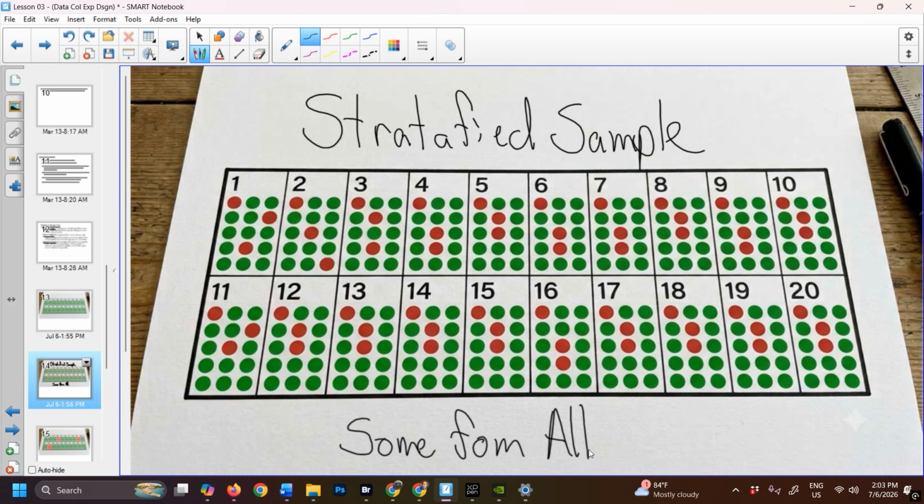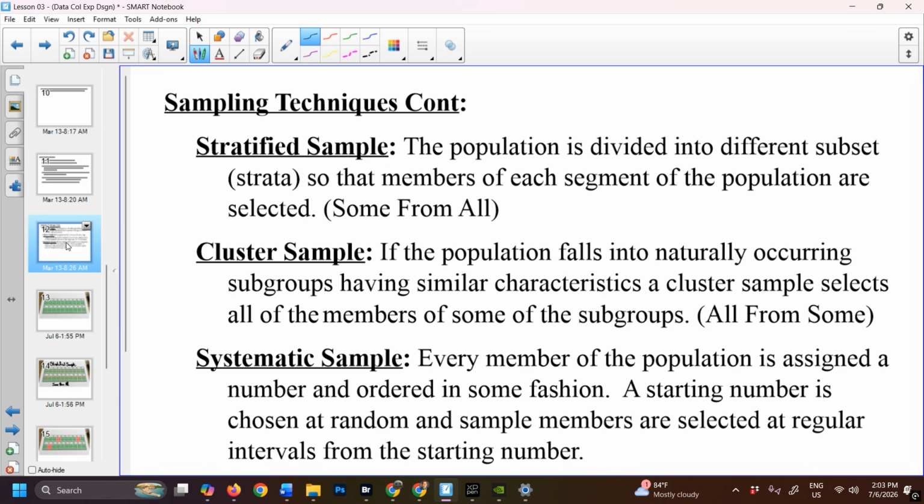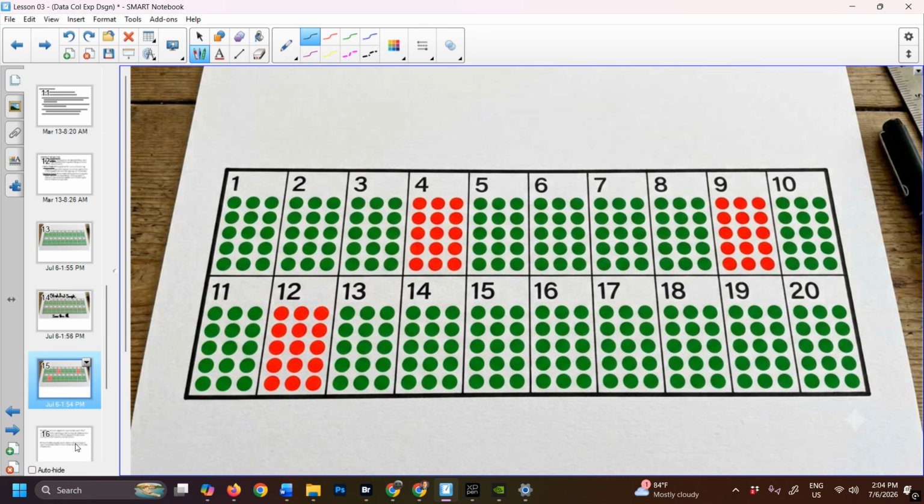And then in the cluster sample, if a population falls into naturally occurring subgroups having similar characteristics, a cluster sample selects all of the members from some of the subgroups. This is all from some. So if I look at this one, here I still have these naturally occurring subgroups, but in this case, I am taking all of the members from some of the subgroups.